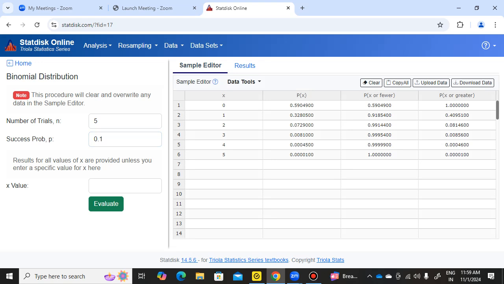And so it's going to use the first column here for what we're going to find. We'll just look at the probability. So probability of 0 is 0.5904. 0.4900. Now I'm going to write these out because some of these are going to get really small.